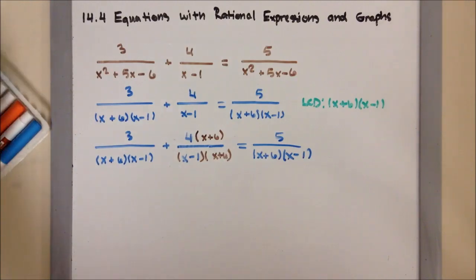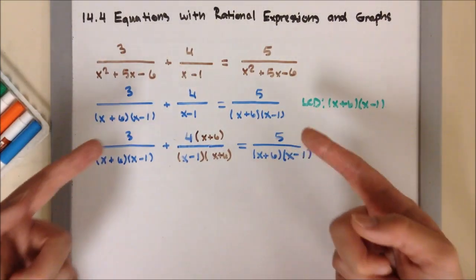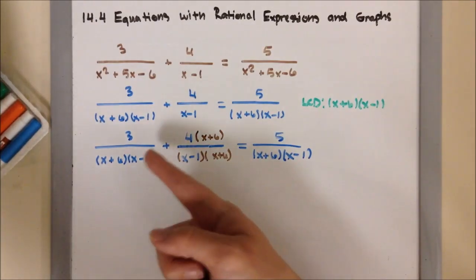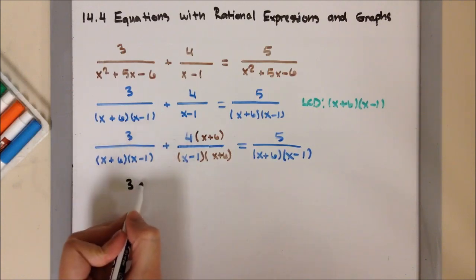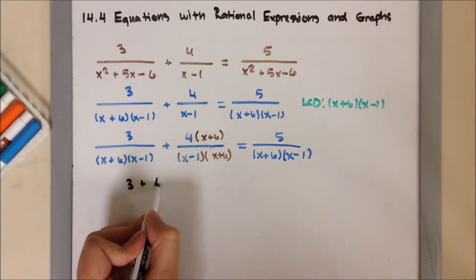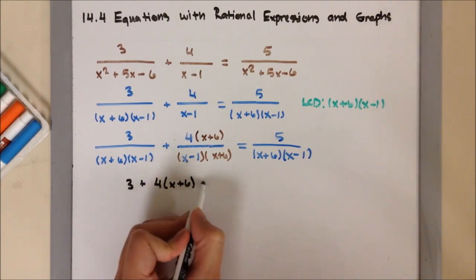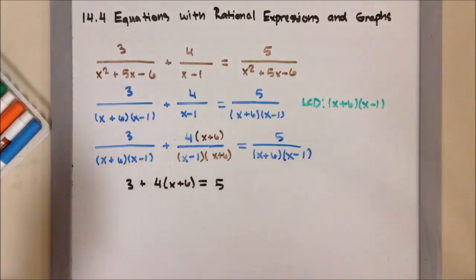When it comes to solving a rational equation, if all fractions have the same denominator, you're going to bring the numerator down. So I'm going to bring the 3 from the first fraction, bring the plus, the 4 times x plus 6, equals 5.